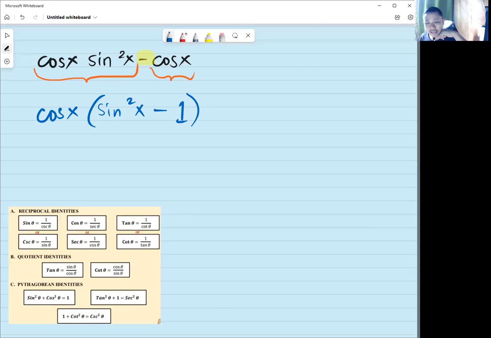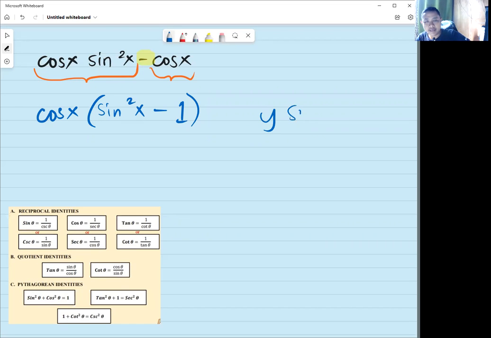So, we factored out cosine x. Is factoring cosine x clear to you? Let me see. Maliwanag po ba yung pag-factor out ng cosine x na yon? Okay, finactor out po natin siya para lang siyang x times sine squared x minus x. Ay, hindi naman x, y na lang para mas madaling tingnan.